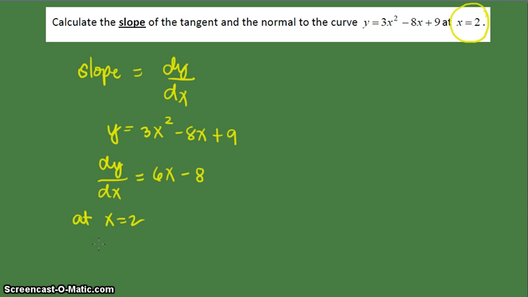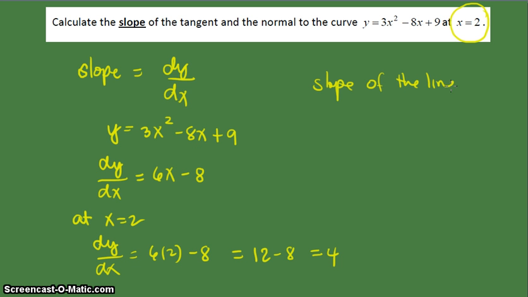At x equals 2, dy over dx is 6 times 2 minus 8, which is 12 minus 8 equals 4. So the slope of the line tangent to the curve at x equals 2 is 4.